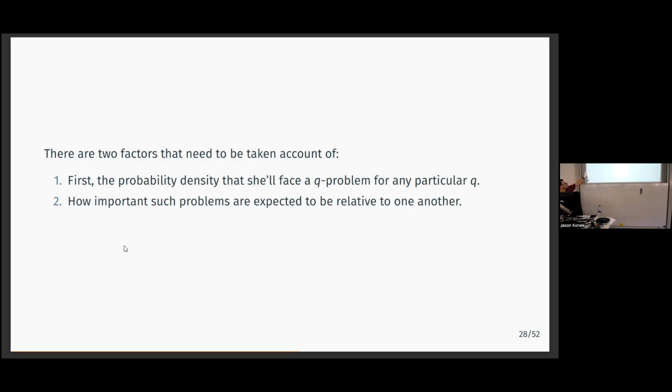But that's not all that's going to matter, right? Because when it's one Q problem, my cutoff might be 0.4 for bringing an umbrella. If that's the Q problem, it's very likely, but if I get caught in the rain, it's not the end of the world. If someone comes and offers me a bet at 4 to 1 odds on rain, but the stakes of the bet are $1 million that I could win, that's much more important when I think about my expected losses.